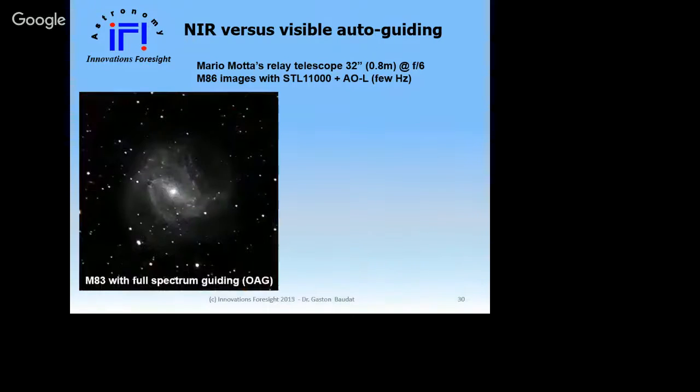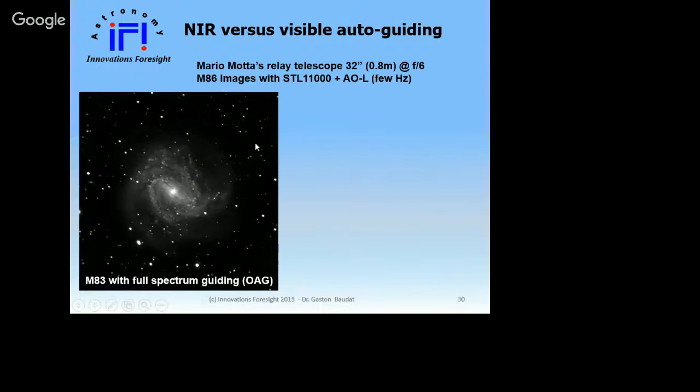So this is an image of M83 using the self-guided capability of the STL 11000. It's like an off-axis guider, basically. So we were guiding on one of those stars and closing the loop at a few hertz.